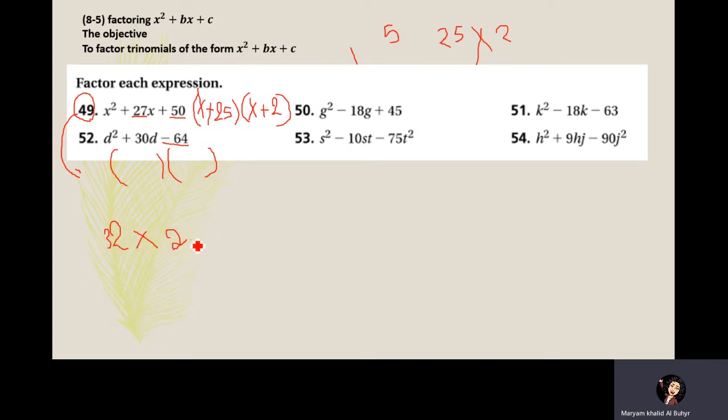One of them should be negative. Where am I supposed to add the negative sign, with the 2 or with the 32? Since I have here 30, I need to have it positive. That's why I must add my negative sign with the 2, because once I add them like this, I will get positive 30.